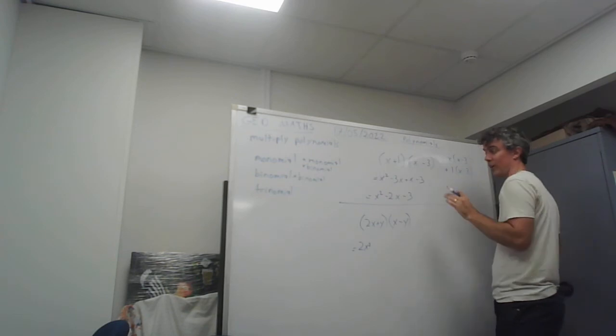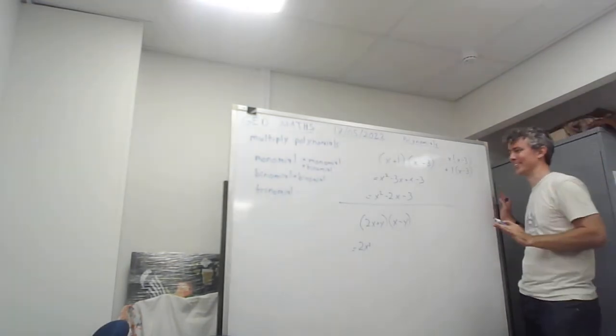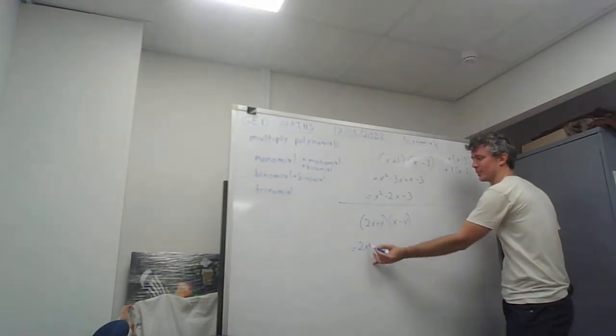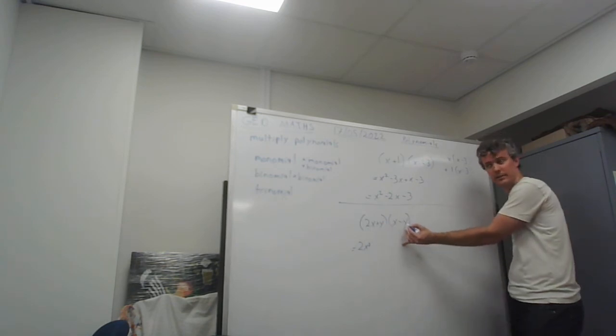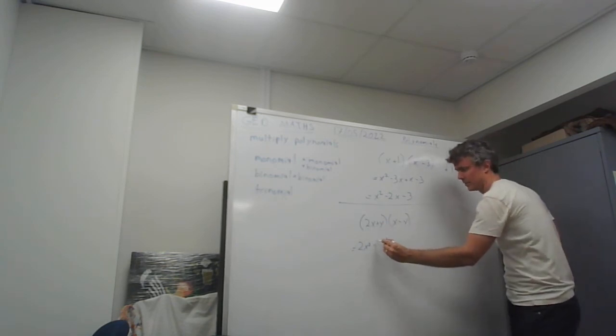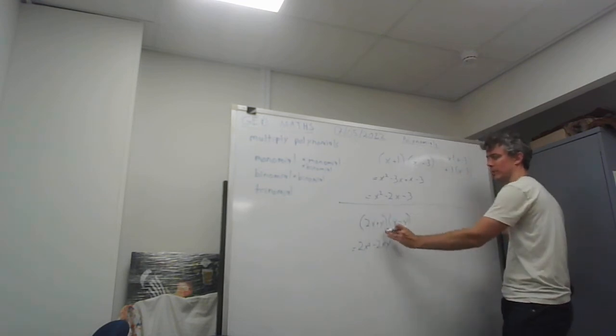Honestly, now that I'm doing this, I feel like now we're doing algebra. Now we're into it. So 2x squared, and then what's 2x times minus y? Minus 2xy. Exactly. So we've done this term. Now we do this term.